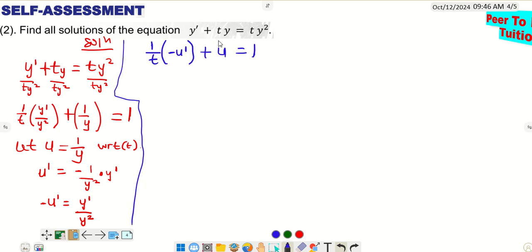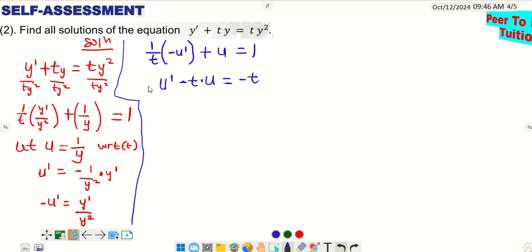Now we can multiply through by negative t. If I do that, I'll get positive u prime. Then here becomes negative t multiplied by u, should be equal to negative t.